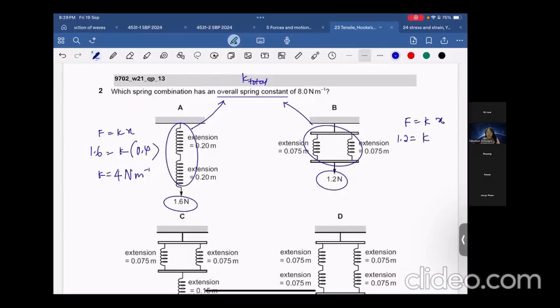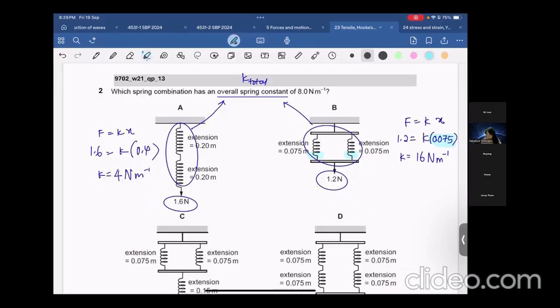So in the overall system, we only extend 0.075. Follow this. Okay, K will equal 16 Newton per meter. Maybe you wait, have a look. I think it's because you are not using this. Extension is 0.075, is it?